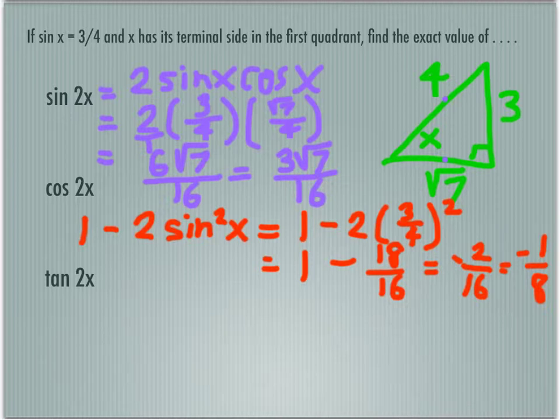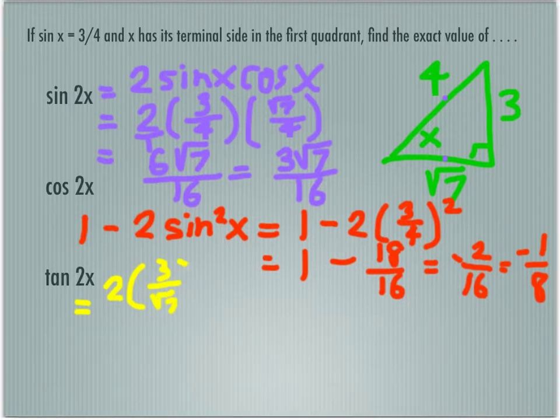Now, for my last one here, hopefully I'll have enough room for the tangent one. Again, you can look up the formula for tangent before. I'm just going to go right to that formula to make sure I get everything in here. So 2 times the tangent of theta. If I look at my diagram, the tangent, opposite over adjacent, is going to be 3 over the square root of 7.